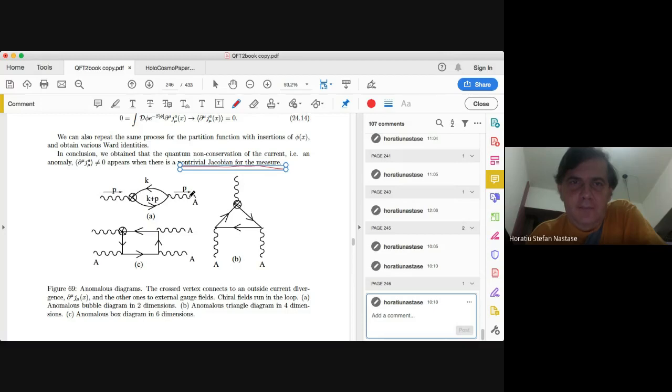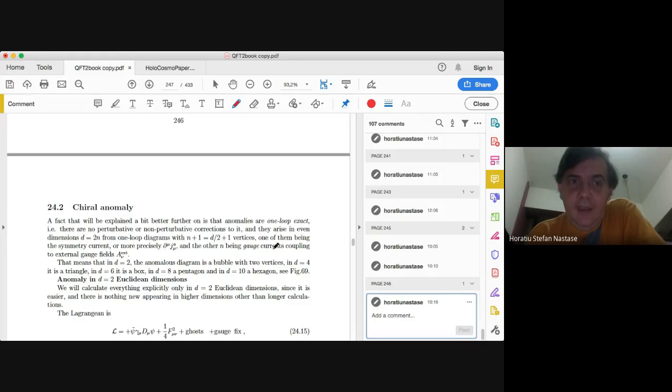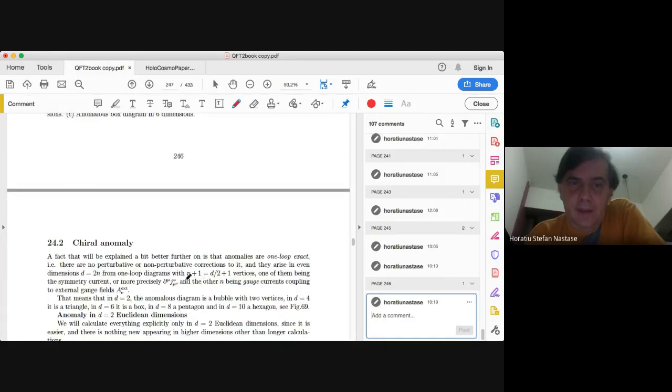Then the next anomalous dimension is 4. As I said, we only have anomaly in even dimensions. So in 4 dimensions, which is actually the most relevant for physics, it's a one-loop diagram with 3 vertices, one of which is d mu j mu a, the others being external gauge fields.